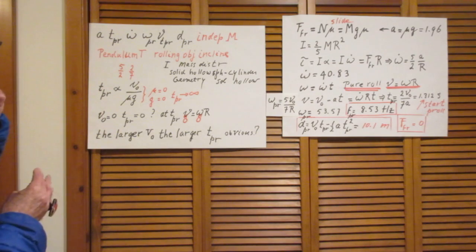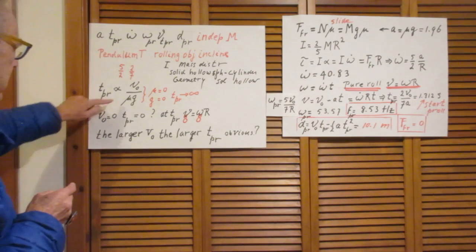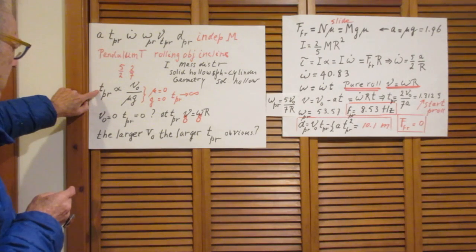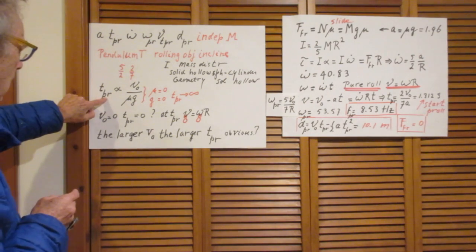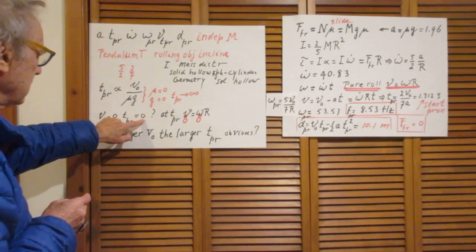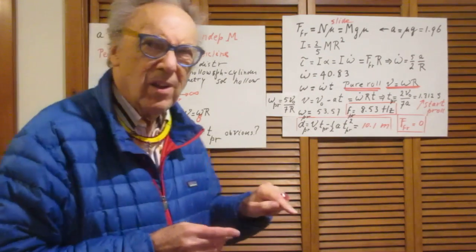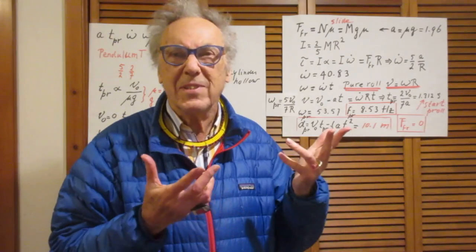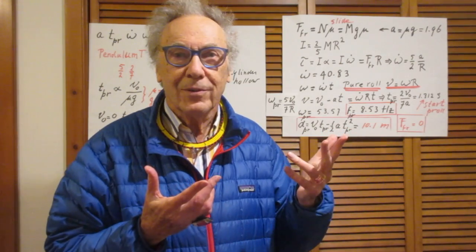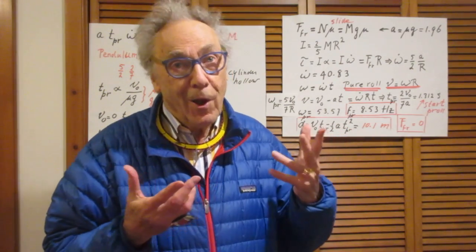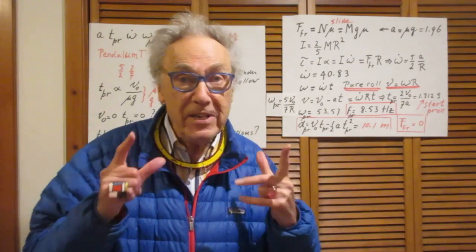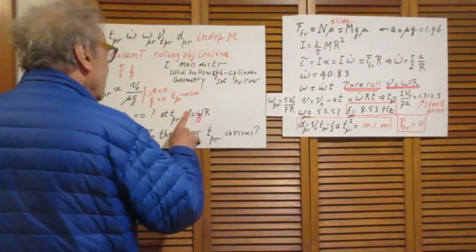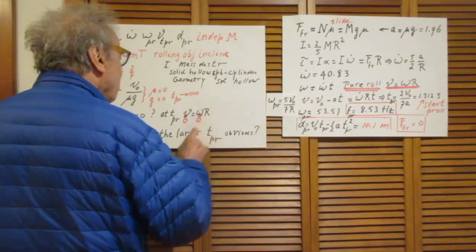Now comes something puzzling. If V0 is 0, the time that it takes to reach pure roll is 0 seconds. How can that be? It never reaches pure roll. Well, keep in mind that our definition of pure roll was that V equals omega r.